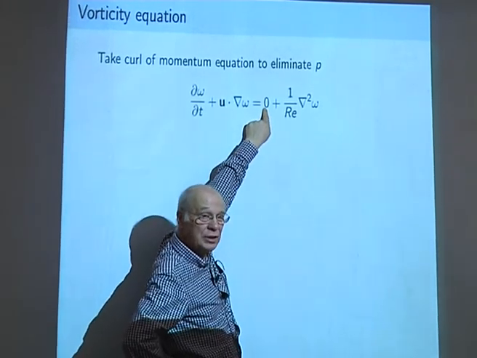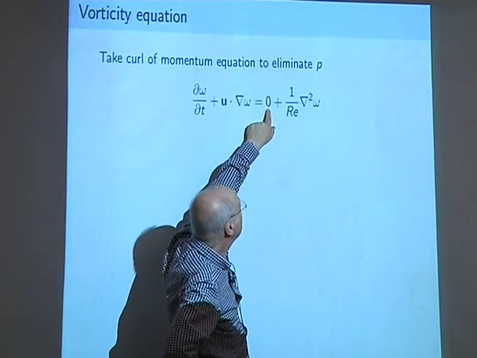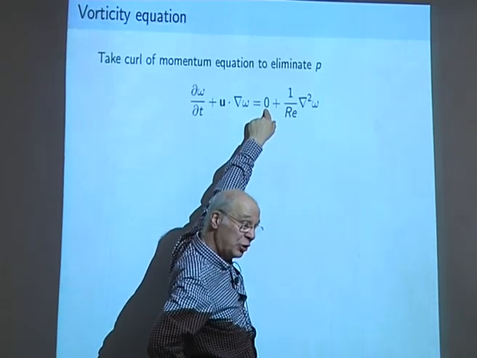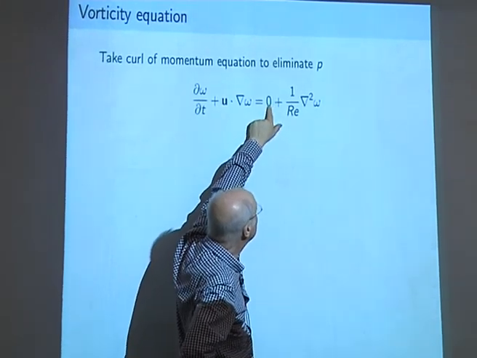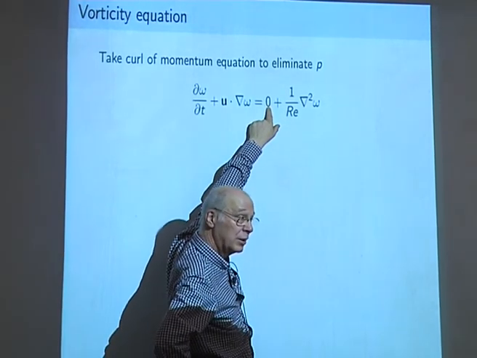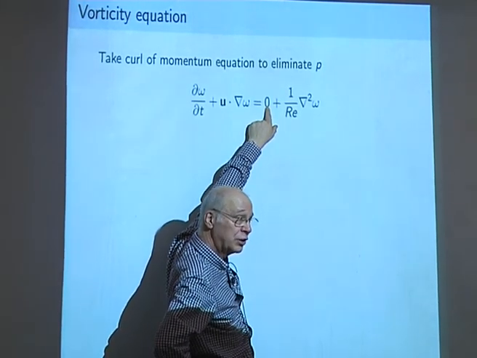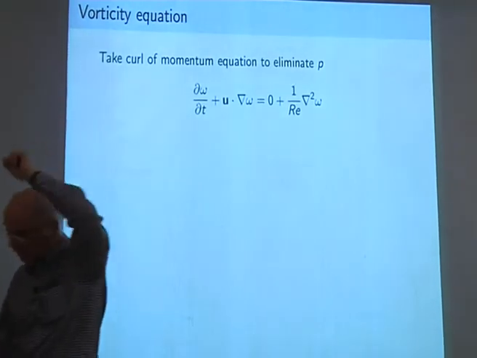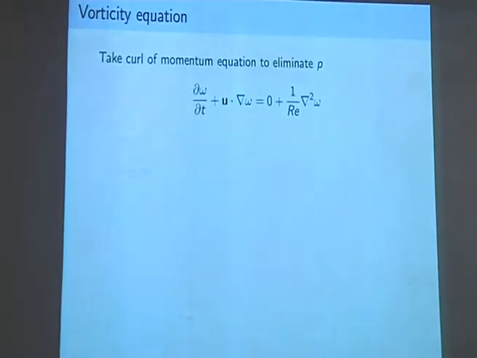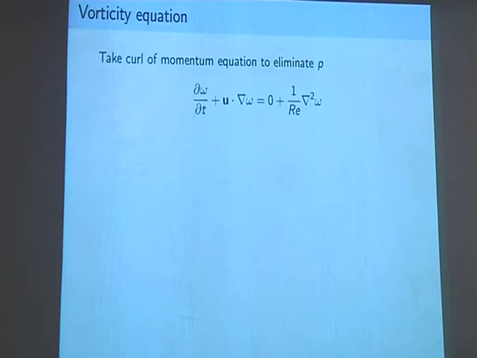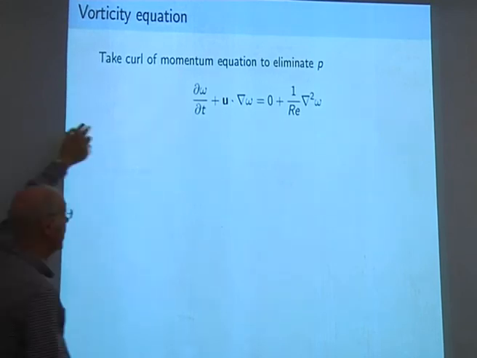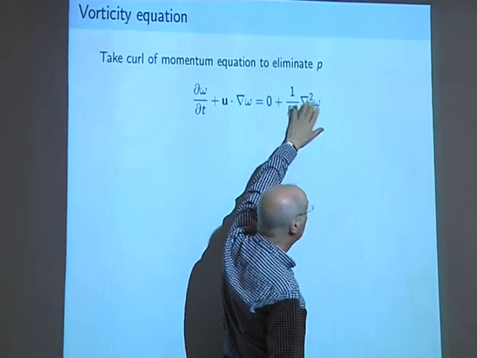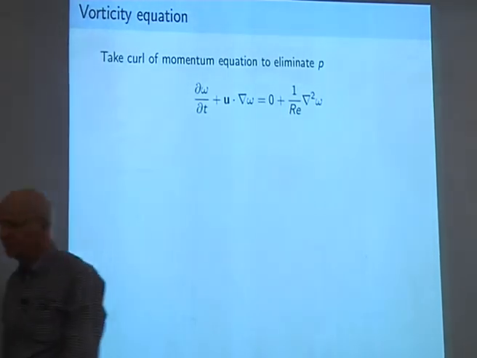In 3 dimensions, there is another term here, which is omega dot grad u. And that is 0 in a 2-dimensional flow. There's no vortex stretching. The thing that makes hurricanes and tornadoes work is vortex stretching, and that's not possible in a 2-dimensional flow. And then we have the diffusion of vorticity.